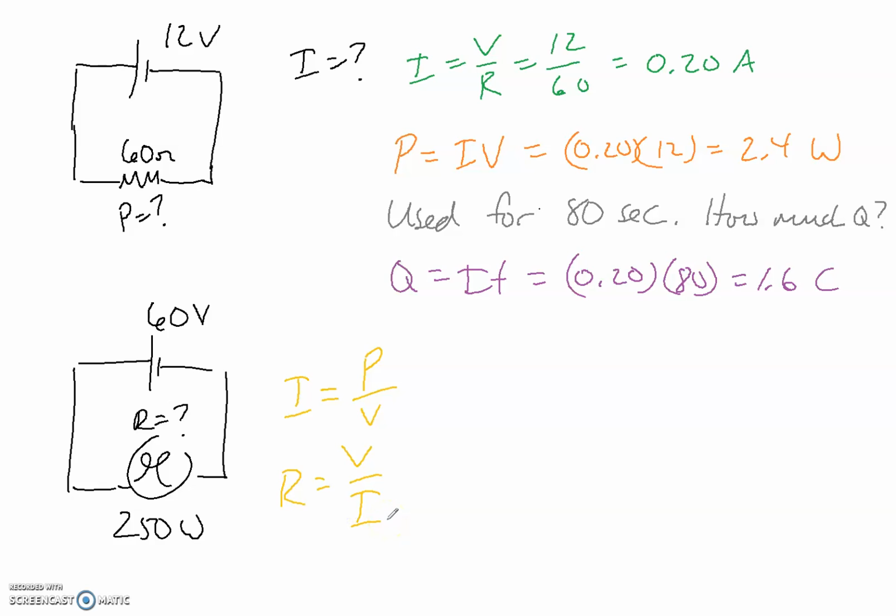Or, if you remember in the previous video, we spliced those two expressions together, and one of the power expressions we had was V squared over R. Some people jump straight to that one. It doesn't make any difference.